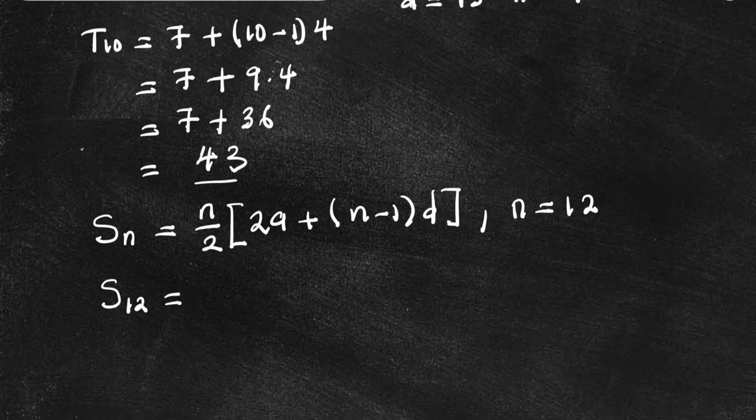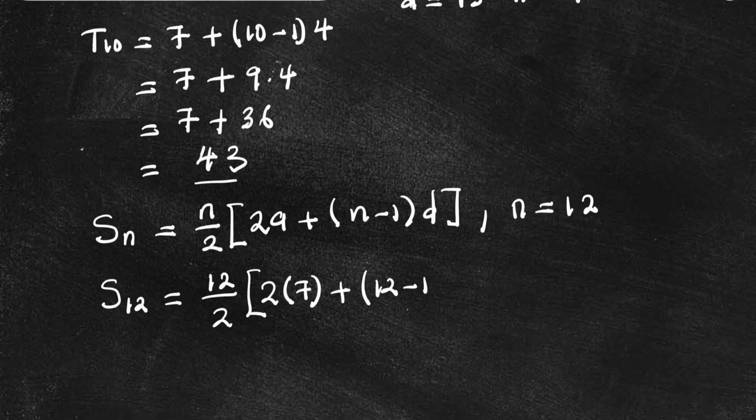Where there is n, I put 12 divided by 2, multiplied by 2 times the first term, 7, plus n, which is 12, minus 1, multiplied by the common difference, 4.